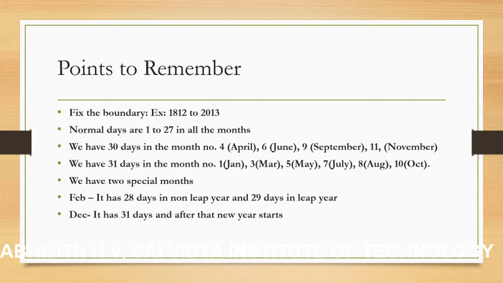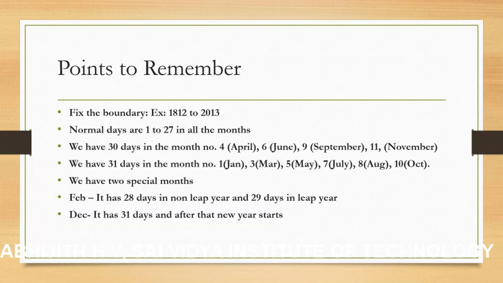Now we have two special months. One is February. Why is it special? Because we can have either 28 days or 29 days in February. 28 days is in the non-leap years and 29 days in the leap years. So here we don't have issues from 1 to 27.